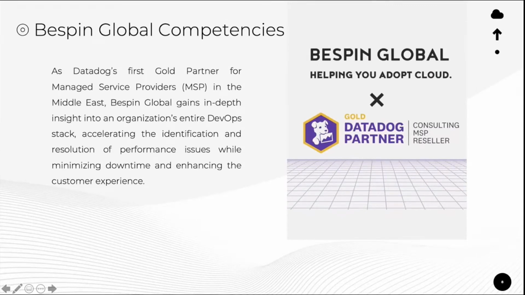Bespin Global is the first gold partner for managed services. One thing worth mentioning here: as a managed service provider, the monitoring system should support that kind of business model.